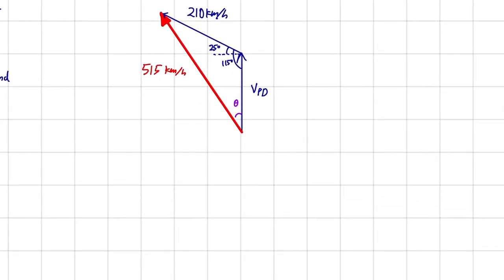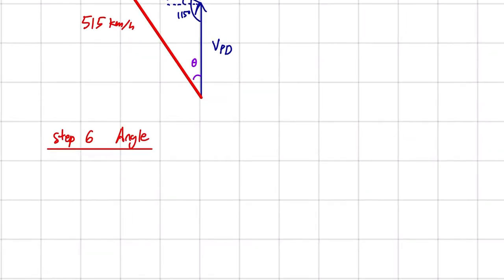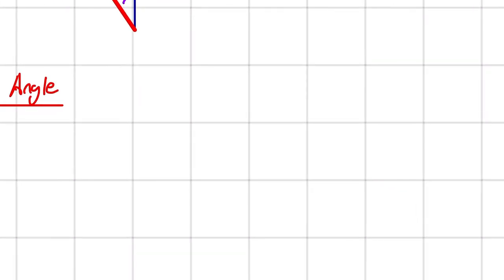And that's going to bring us to step 6. Step 6 is going to be to find our angle. So step 6, let's find this angle theta. And to do this, we're going to use the sine law.